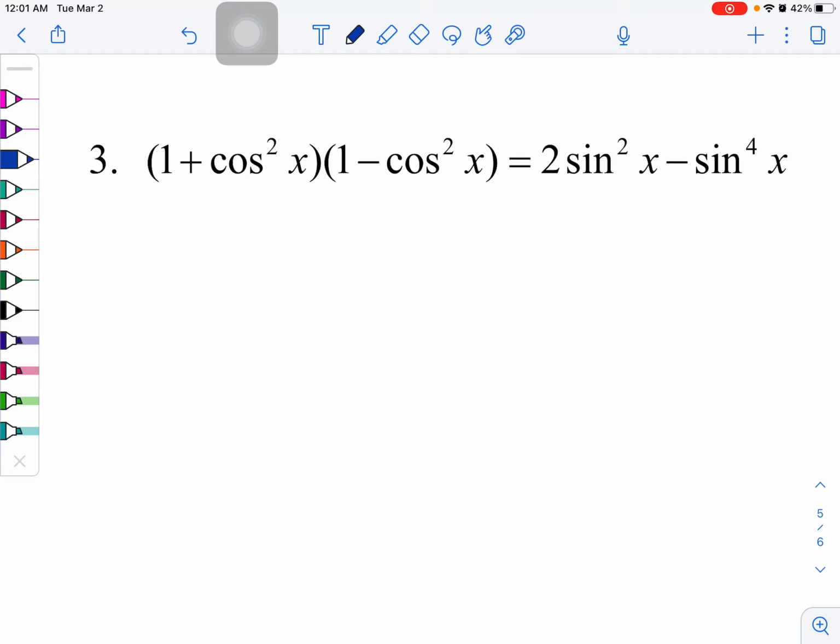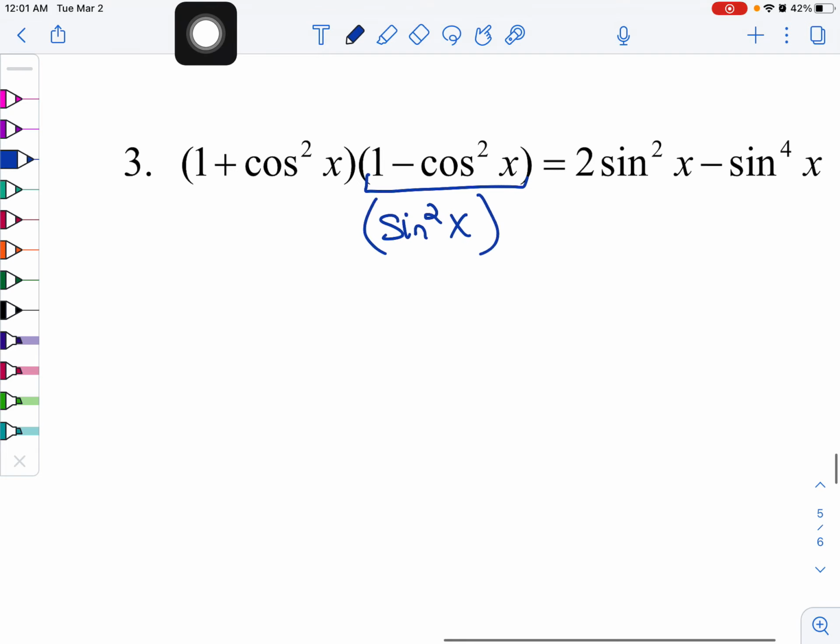So here's one of the things that sometimes happens. Sometimes I'm actually going to backtrack out of this and see if I can do this problem differently. And that sometimes happens with these. So let's see. 1 minus cosine squared x is really sine squared x. And then let me play with this a little bit.